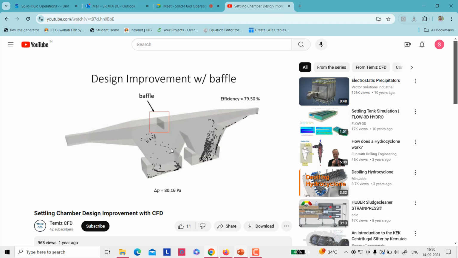There is a baffle due to which some of the particles are already stored here, and some are passing through and are separated in the next section. That is how you can separate bigger particles from a mixture.